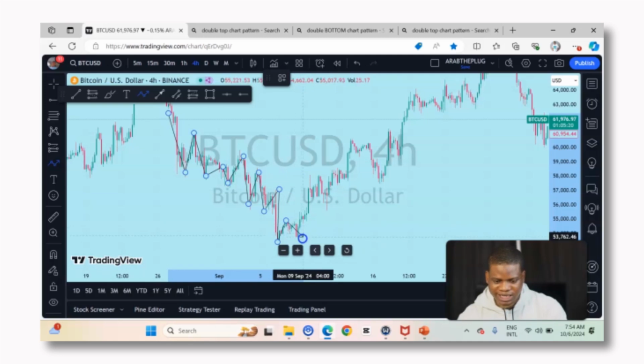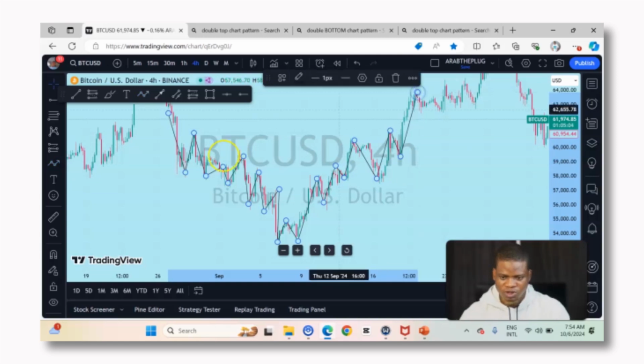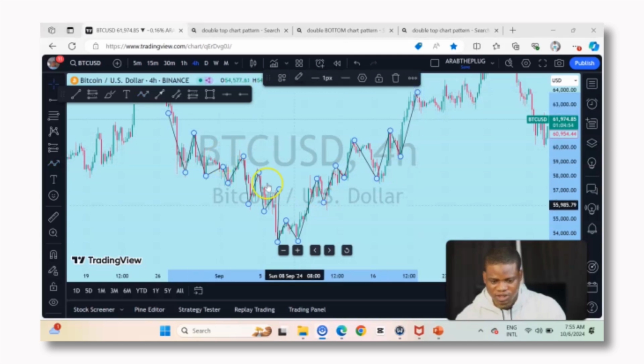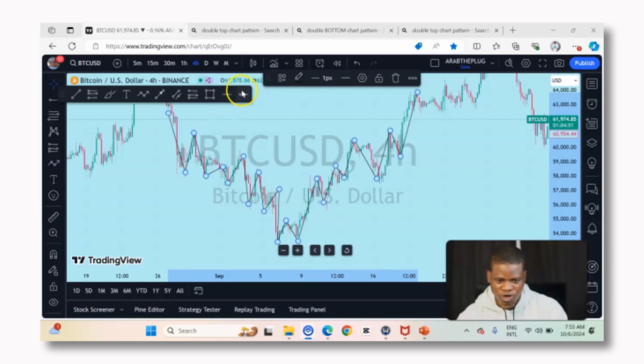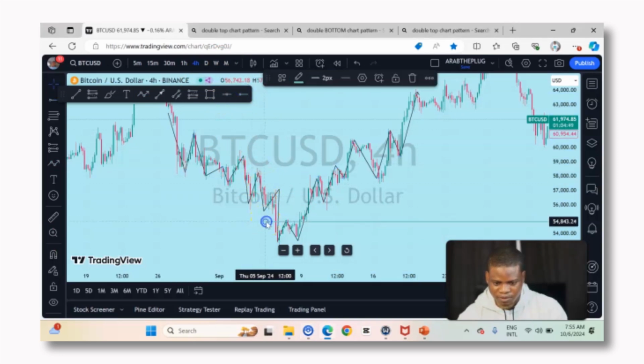Instead of creating a new lower low, it could not. So it created a double bottom. So after a double bottom, what happened? The market started going up, and there is a change of character, or a change of structure, right? And the market started going in an uptrend. So this is what a double bottom looks like. You see that this particular place is the neckline.